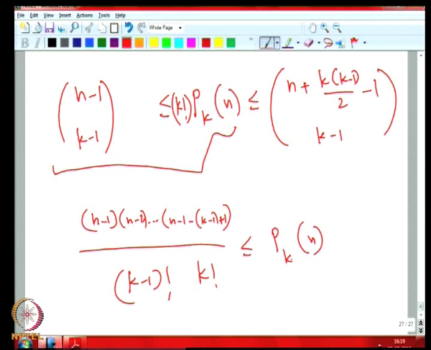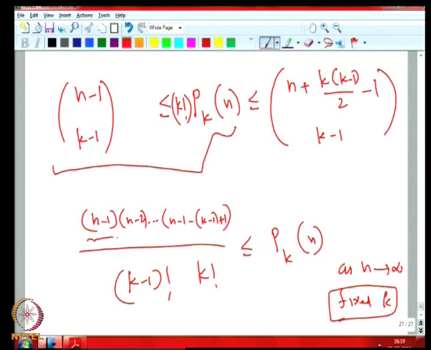So now see, suppose n is a very big number compared to k, that means you fix k, and n tends to infinity with fixed k, right, then what will happen? See, we can say that these are all n minus 1, n minus 2, down to n minus 1 minus k minus 1 plus 1, which is n minus k plus 1.